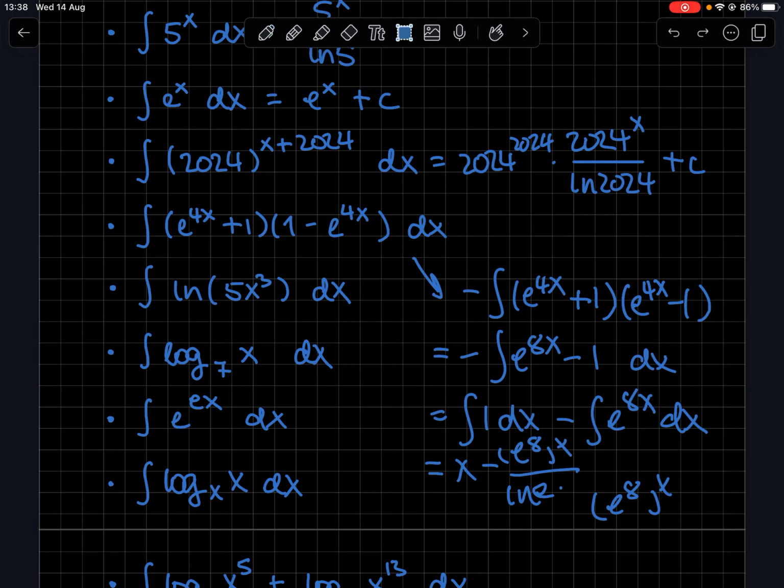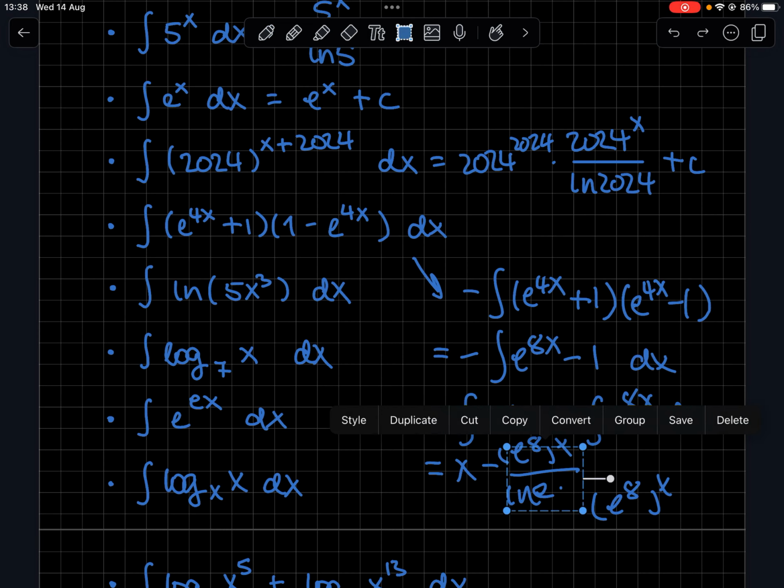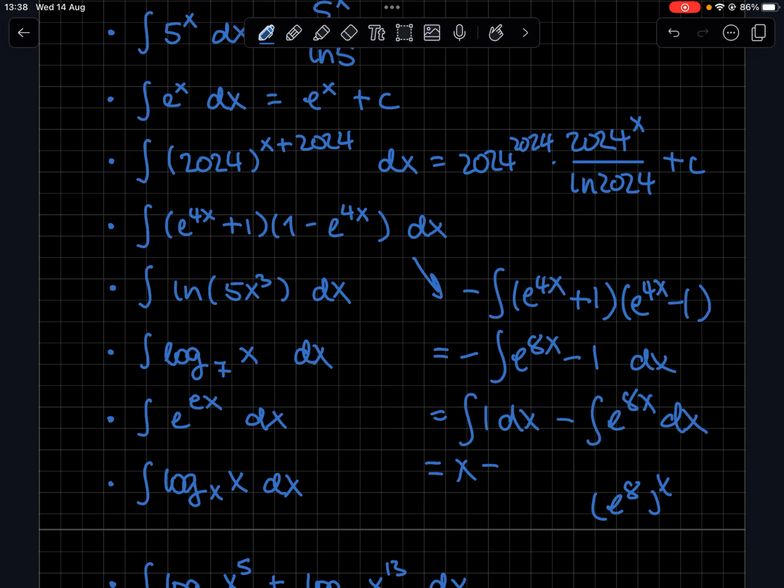And we can write this in a simpler form. Let's write this as e to the power of 8x over 8. There we go.